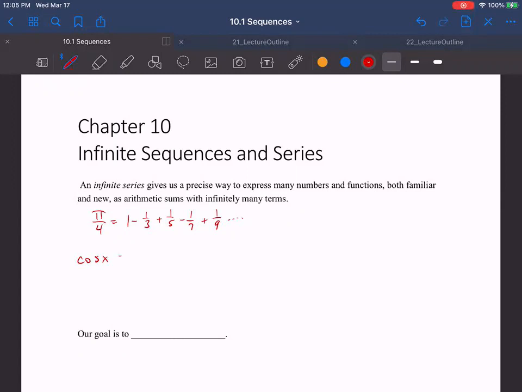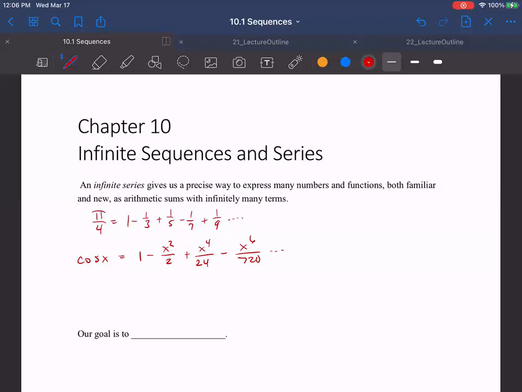So cosine of x is actually 1 minus x squared over 2 plus x to the 4th over 24 minus x to the 6th over 720, and so on and so forth. As long as you're using numbers near 0 in radians, you can plug those in and come up with cosine purely with just addition.